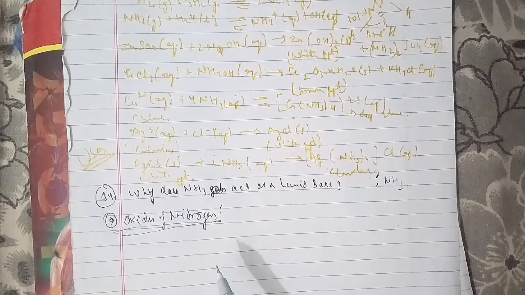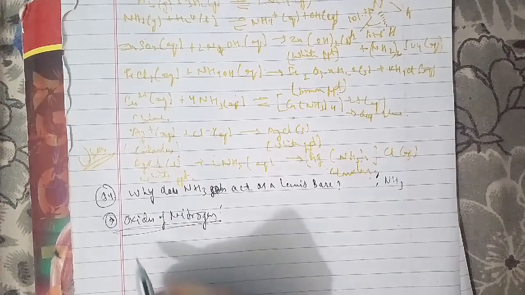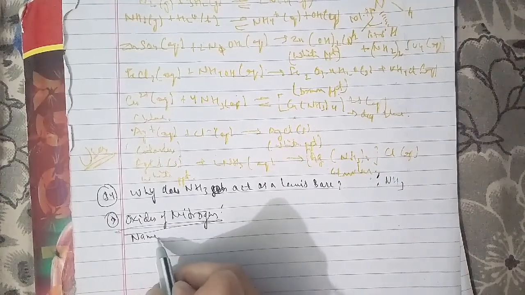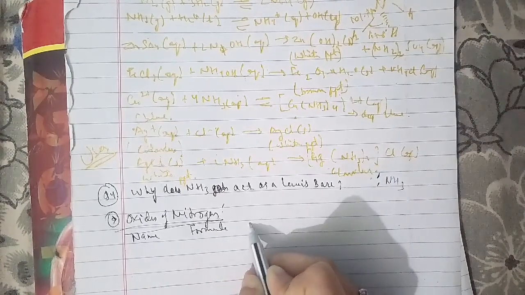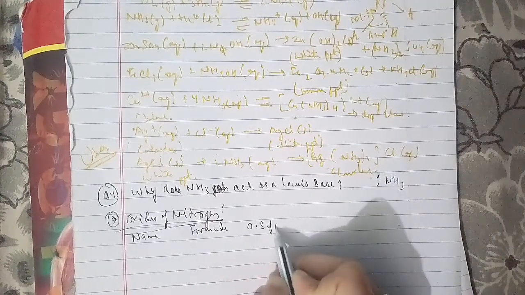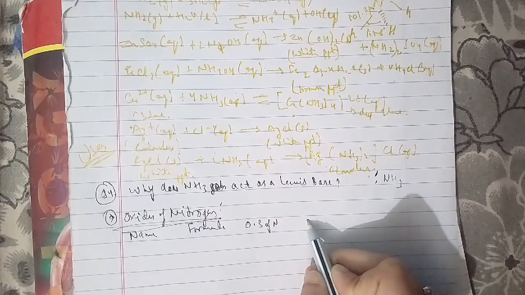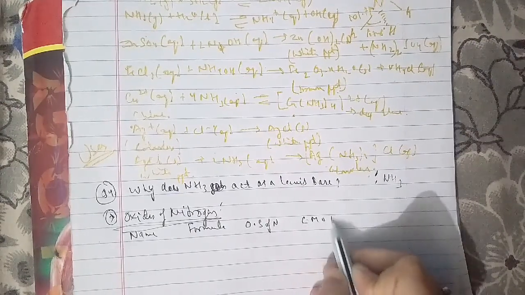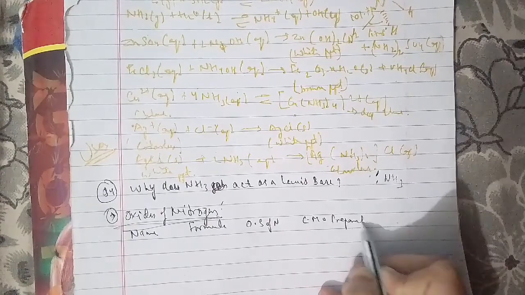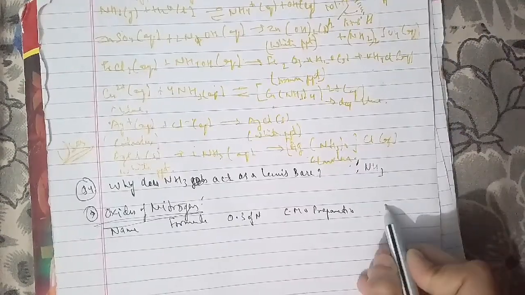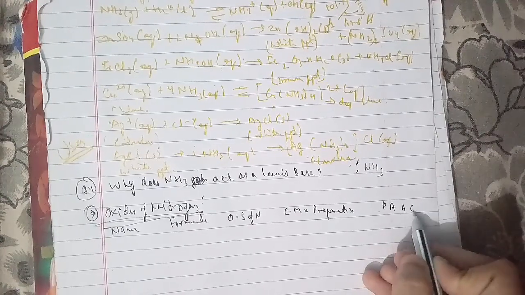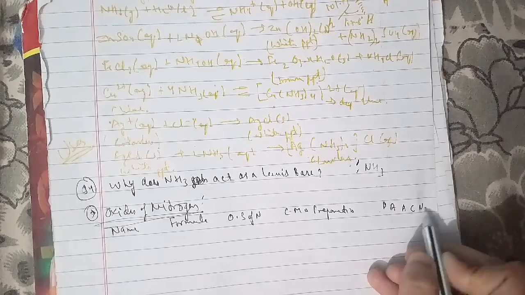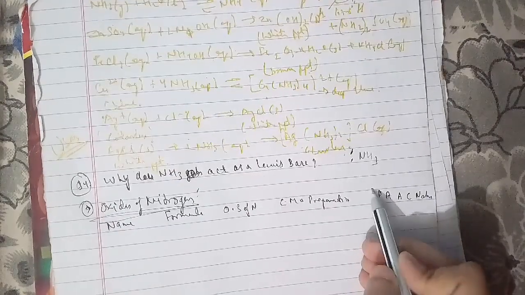We'll go ahead further. The next one is nitrogen monoxide, which is nitrogen 2 oxide. NO, this is +2.